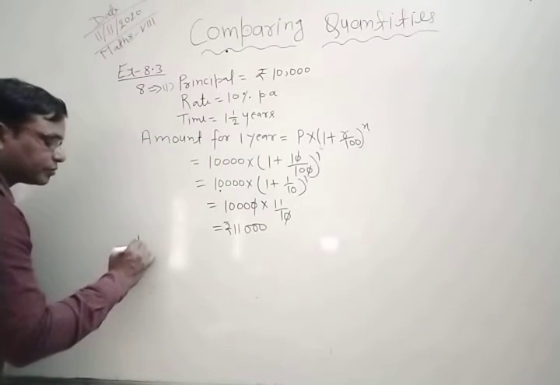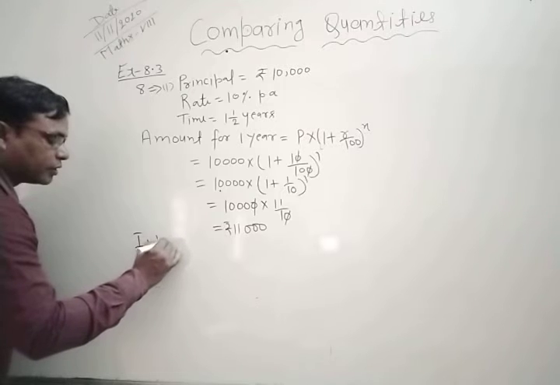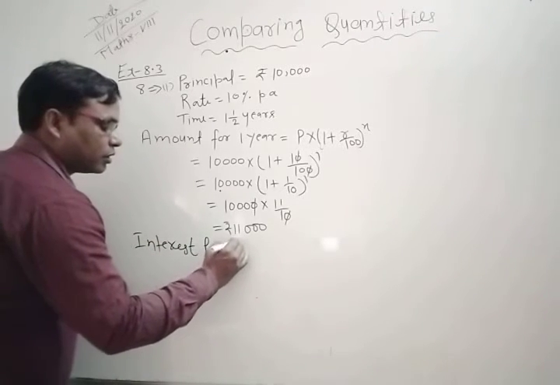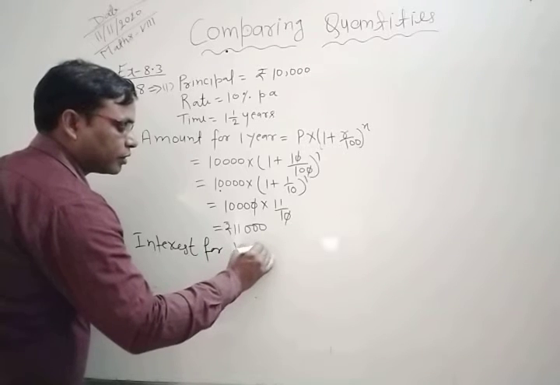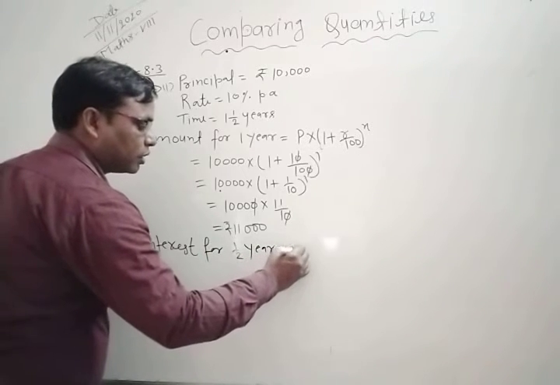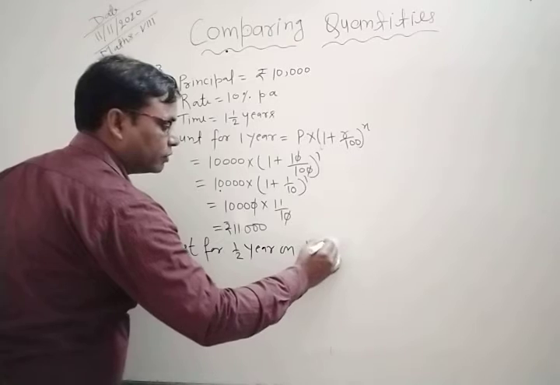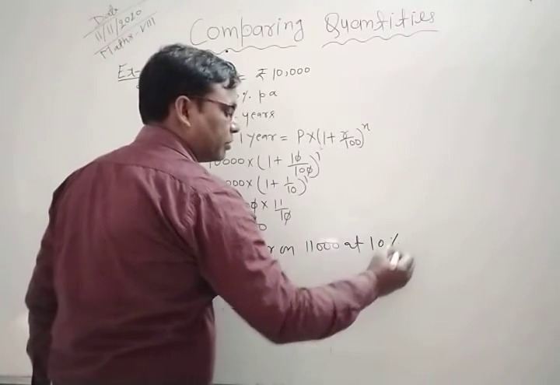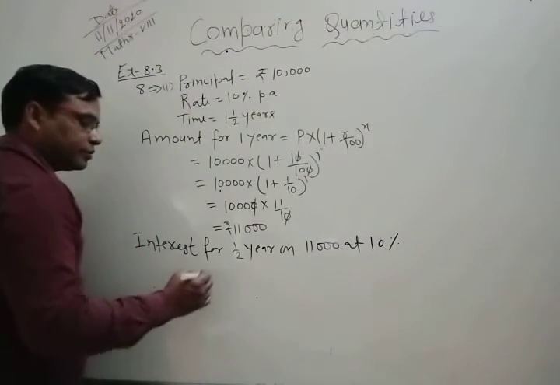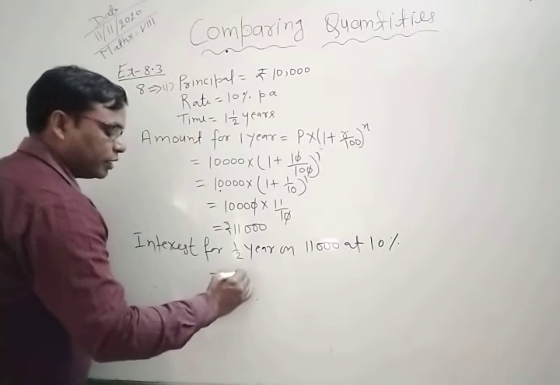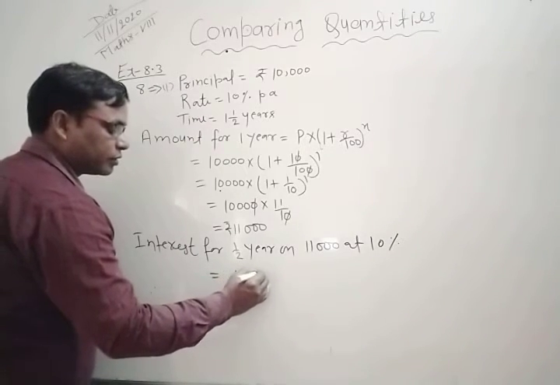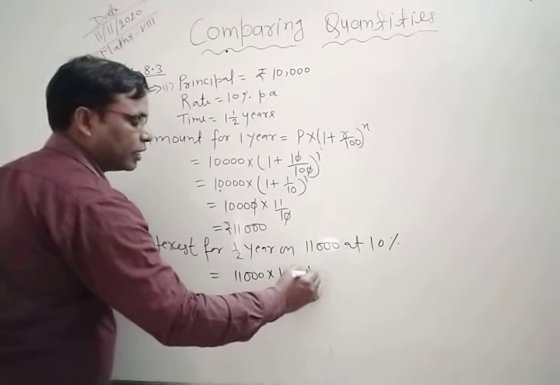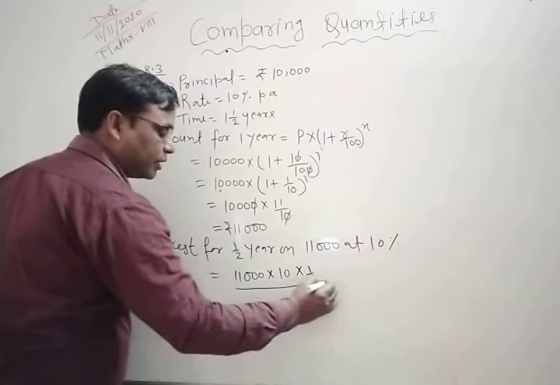Write here: interest for half year on 11,000 at 10% per annum. So this is equal to 11,000 into rate into time, 1/2, by 100.